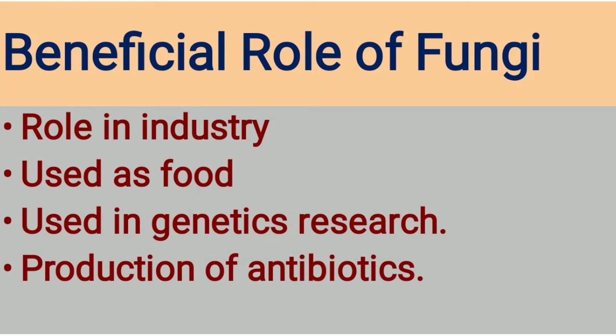The next is use in genetic research. A very common species is Neurospora. It was used by scientists Beadle and Tatum for their experiment on the one gene, one enzyme theory. And therefore, Neurospora has become a very important material in genetic research centers.